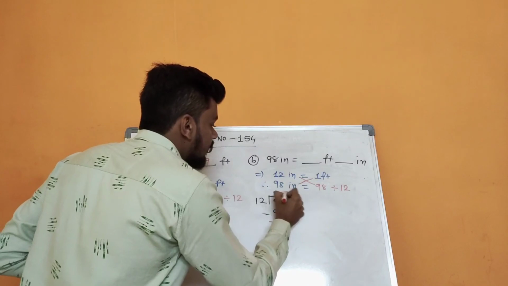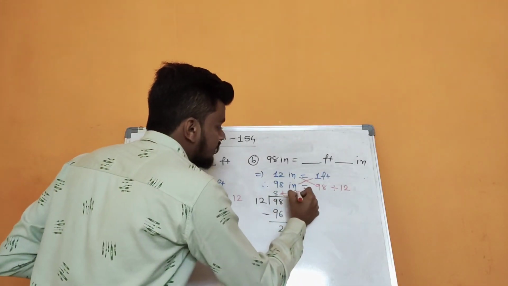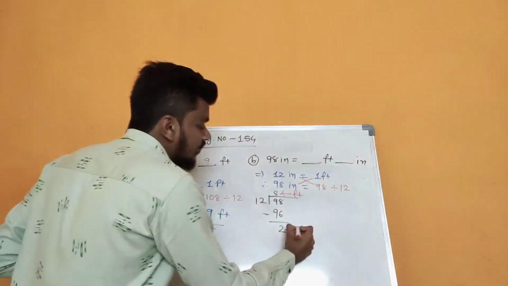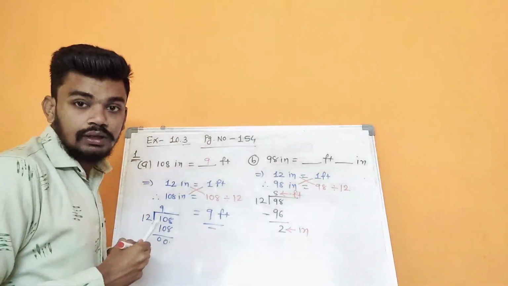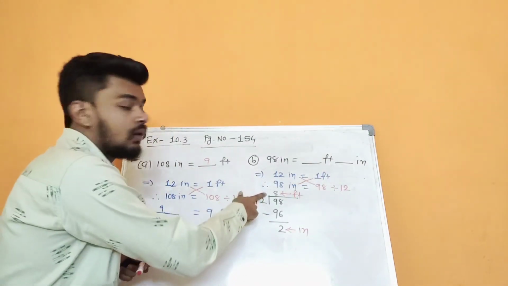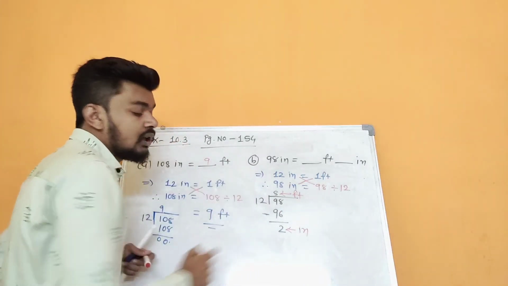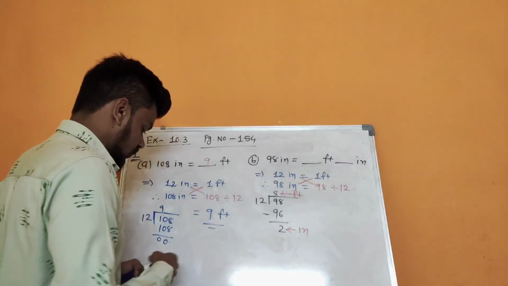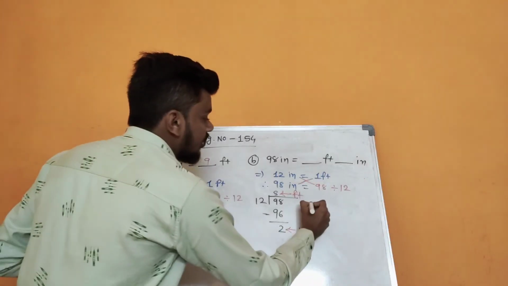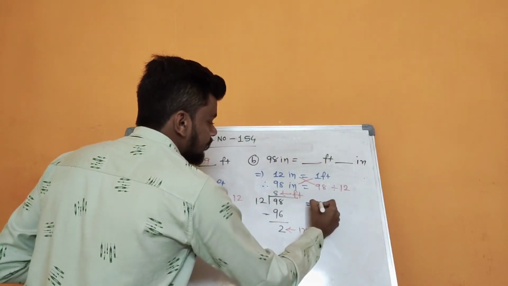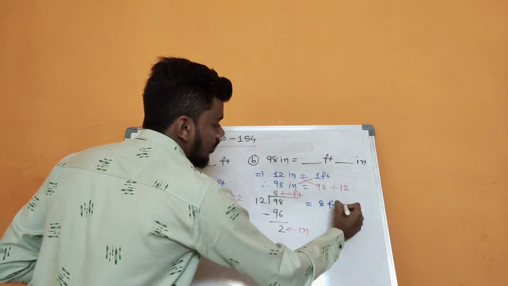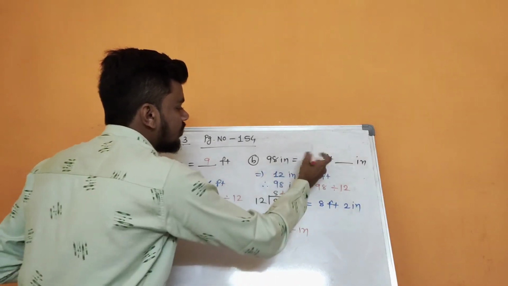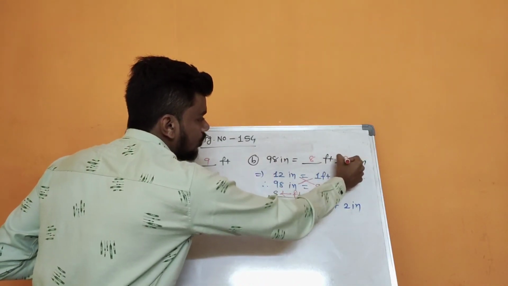Whatever we got as the quotient, that we get as the answer in foot or feet, and the remainder that we got, the answer will be in inch. Understood? As per that, the answer is 8 feet and 2 inch. You can write the answer in filling the blank also: 8 foot and 2 inch.